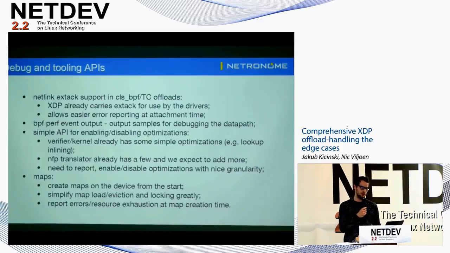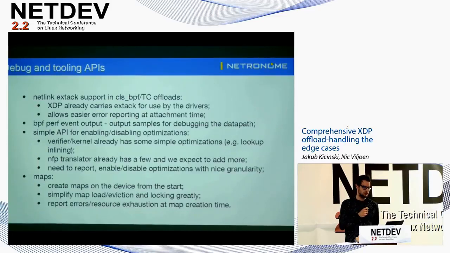We don't intend to break the BPF API, but obviously as we do optimizations, things may start working slightly differently on the host than on the device, and until we change or fix the optimization, it would be great if we had a way of disabling particular optimizations that we have in the driver. That will actually be useful for the host as well. Right now, the inlining optimization is keyed on JITting the program, and perhaps there would be some use in being able to control that with a separate API instead of just using the JIT flag.